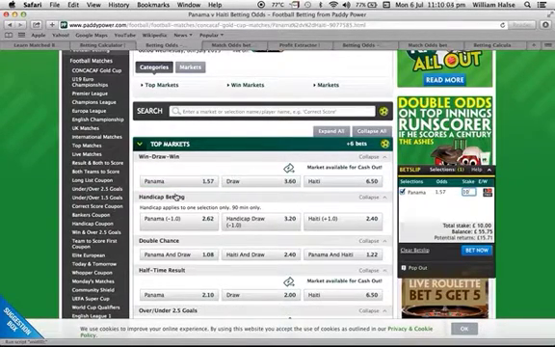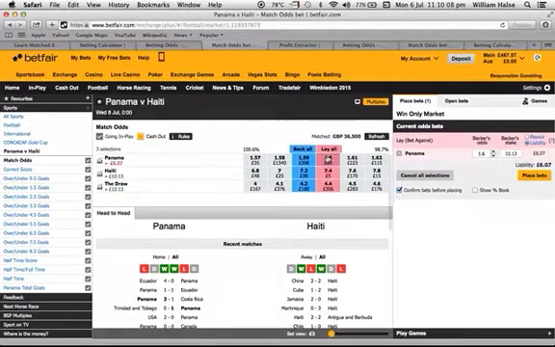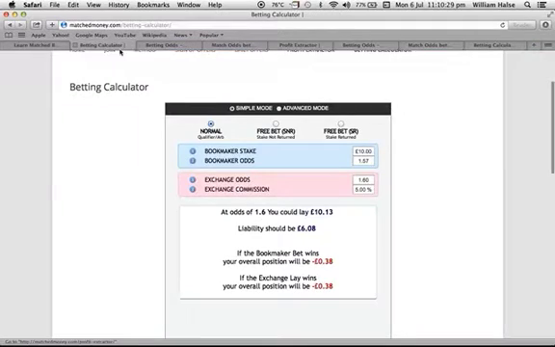That is betting, we're saying that Panama will win. However, if we're going to lay Panama here, we're going to say that Panama won't win. So we're taking someone else's money. We're taking £10.13 of someone else's own money, and we're saying that if Panama win, we'll pay you the winnings, which in this case is £6.08, because it's £10.13 times 1.6.